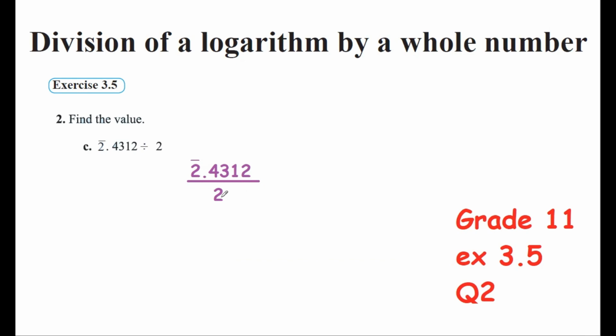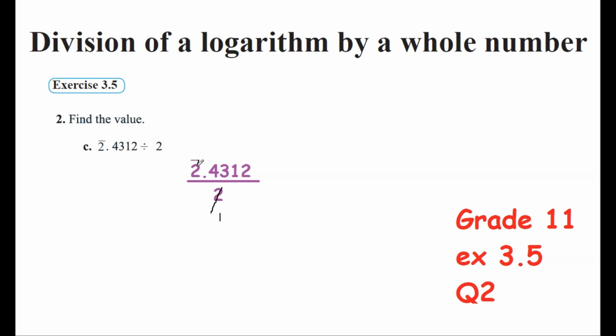C part, bar 2.4312 divided by 2. When you're having a negative logarithm, that means the bar values, when you're dividing, you have to be careful. Okay, now in this one, you can straight away divide because this number is a multiple of this, so you can divide easily, right? Let's start dividing. First 2, 1. When you divide 2 by 2, 1.